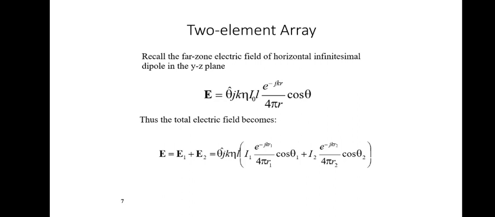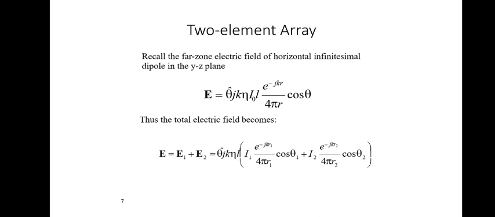Then x with respect to the wavelength is d by lambda into cos phi, where psi is equal to 2 pi into x, that is 2 pi into d cos phi by lambda. Therefore you get psi. 2 pi by lambda is nothing but beta. So psi is equal to beta d cos phi.